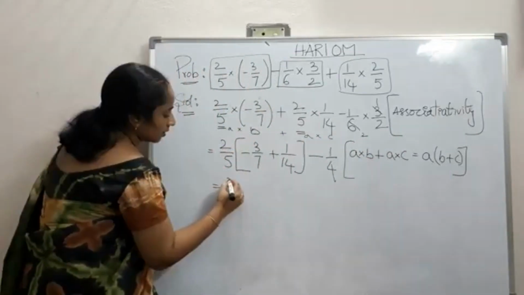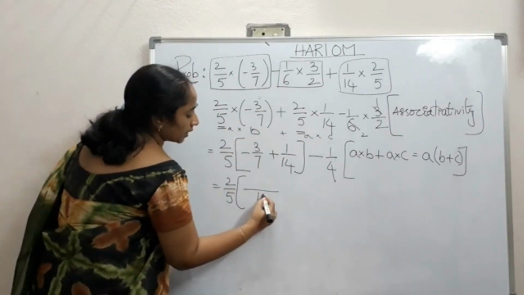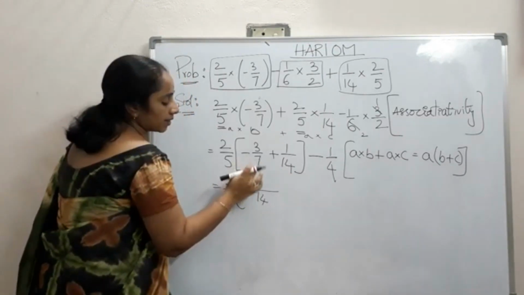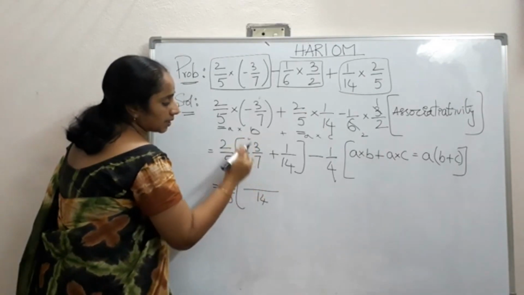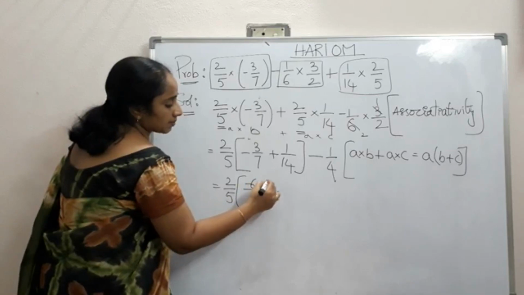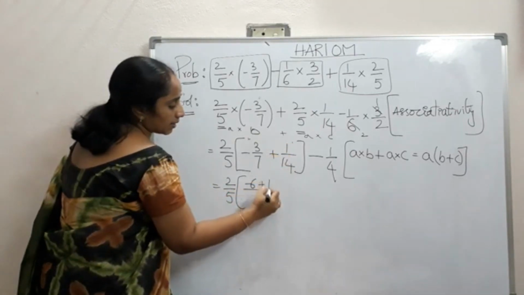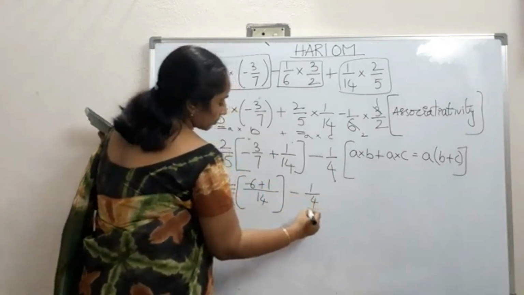So 2 by 5 into, the LCM of 7 and 14 is 14. In the 7 table, 14 you can get 2 times, that is 2 threes are 6, minus 6 plus 14 ones, 14 ones 1, minus 1 by 4.